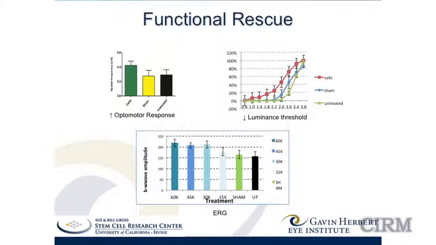But interestingly, we were able to show, and that's what this graph indicates, is that the treated animals do see better than the controls, and the treated ones are the three blue bars to the left. So we used different doses and still got the rescue effect based on this electrode that just sits on the outside of the eye. Anyway, three different ways of showing that we do have visual restoration in these rats.